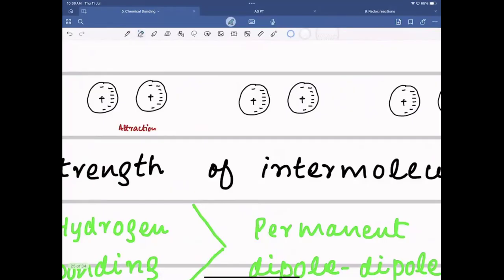What do you mean by in front of each other? See, the electrons are actually mobile, they are circulating. Actually, my screen is sticking.